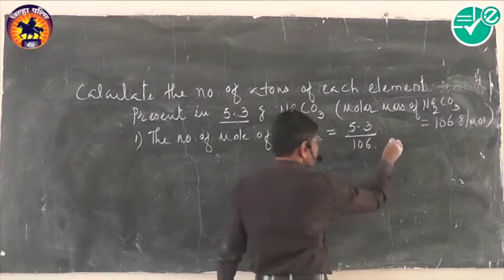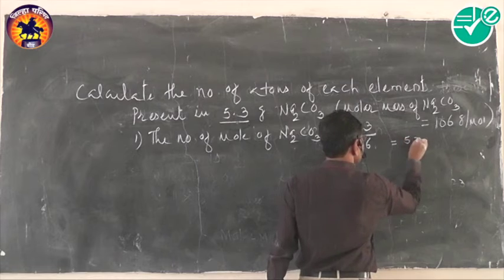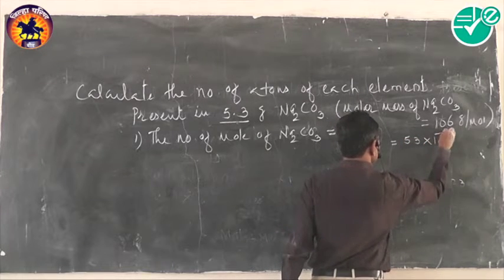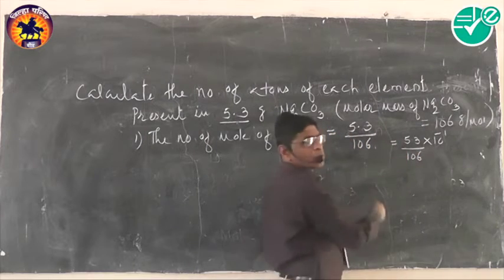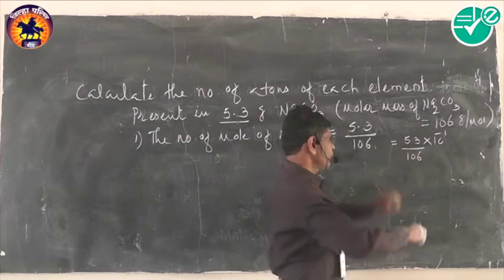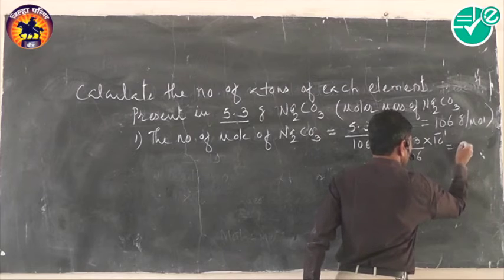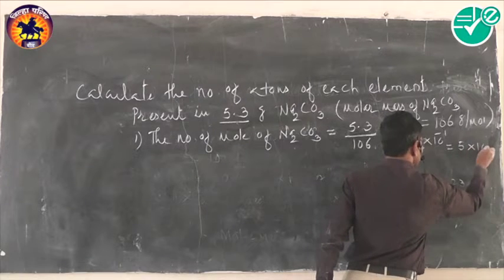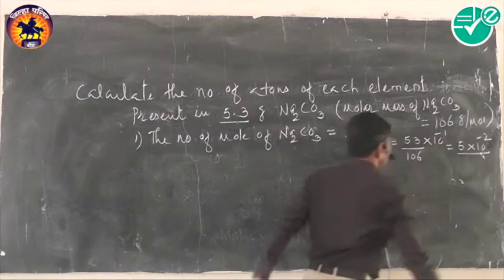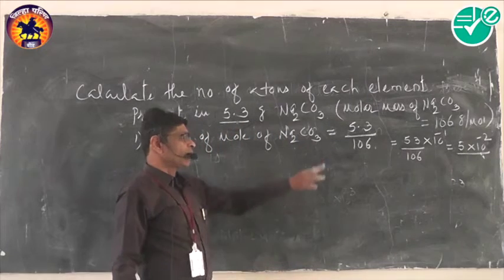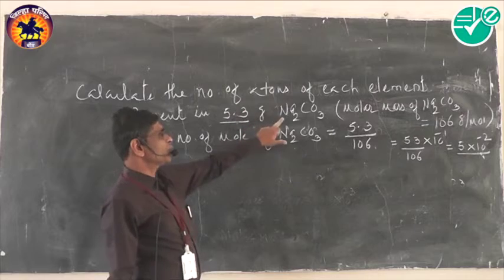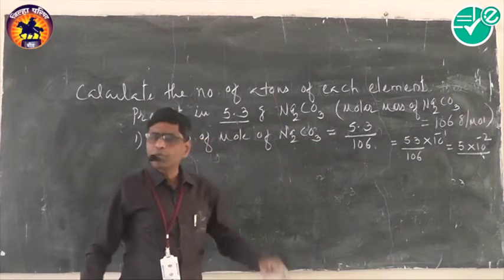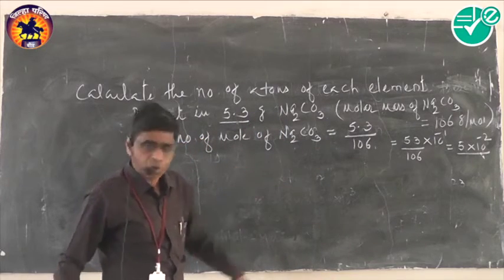So it is 53 into 10 raised to minus 1 divided by 106, and so it is 1 by 2, which means 0.5, which is equal to 5 into 10 raised to minus 2. Thus 5.3 gram sodium carbonate corresponds to 5 into 10 raised to minus 2 mole.